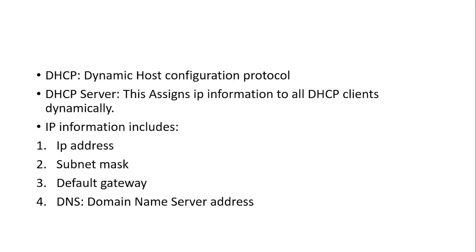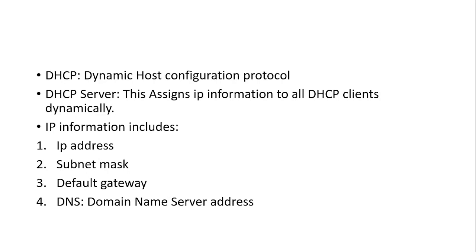The second type of information that DHCP will assign to the client is the subnet mask. The third one is the default gateway. We shall see that later on when we go to part 2 of configuring the DHCP server.